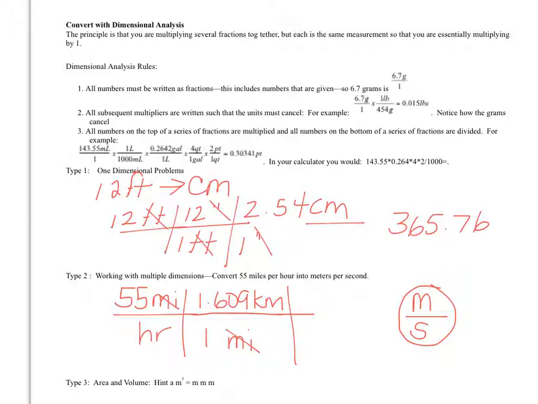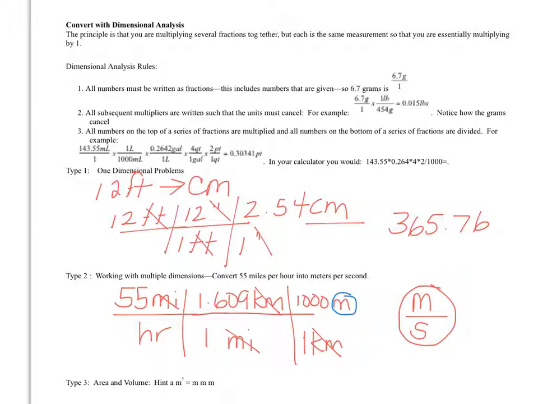The conversion factor of 1,000. 1,000, yes. So one kilometer is 1,000 meters. So my kilometers cancel. Notice now I've got meters. So I've got my unit in my numerator done.